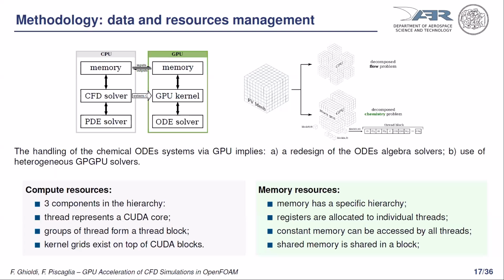And this also requires a certain manipulation of the data in order to be suited for this kind of operation and the use of the different kinds of chunks of memory which are provided by the GPU cards. Not only the, let's say, dynamic memory, which is usually used in these kinds of applications, but also the constant memory to try to avoid passing multiple times data which are not updated throughout the simulation.